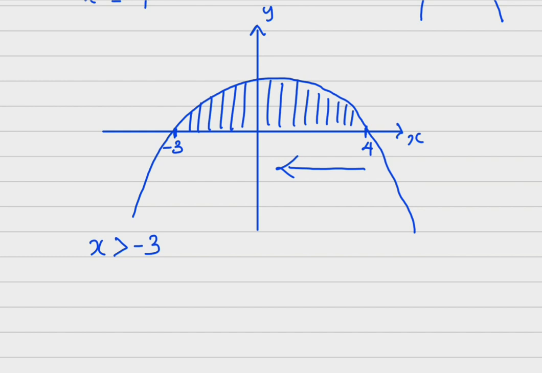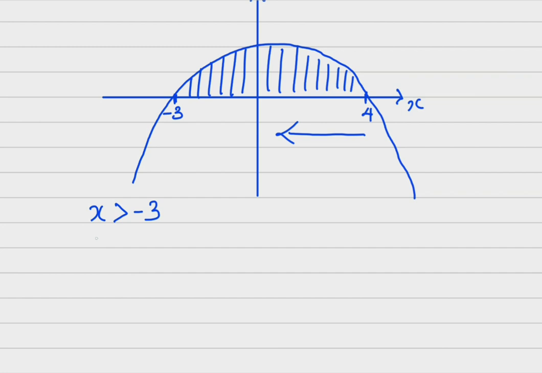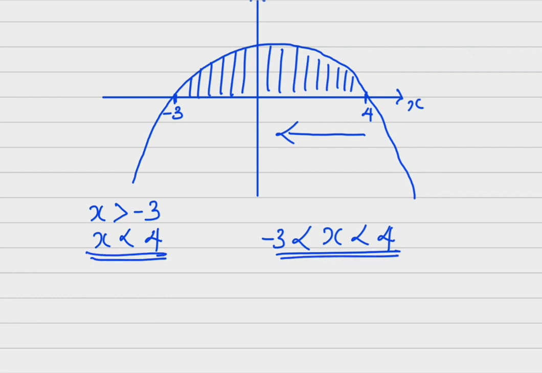Now you have to check the progression of the shading. That is what it means. So you are going to have x is actually less than 4. So you can combine it to be x is actually greater than minus 3 but less than 4. Good. So you can leave your answer like this, or you can leave it in this form. It's still the same thing.